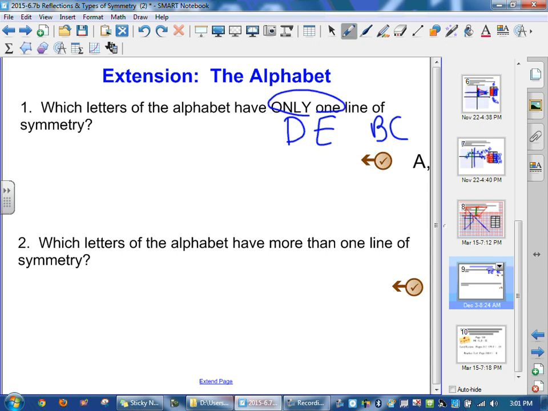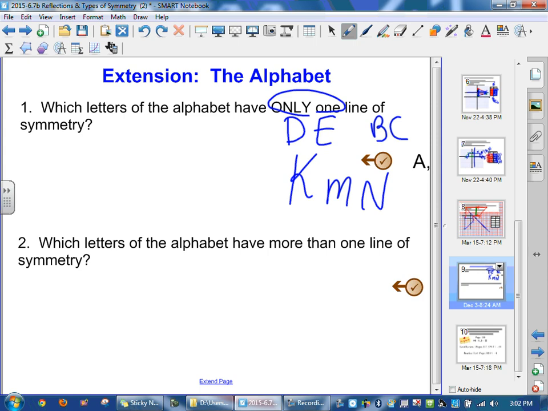H has two. I has one. Oh, right. I'm thinking of the one I. I has two. You're right. J has no. K, yes. L, no. M, yeah. N? N has one. No, not N. O has multiples.